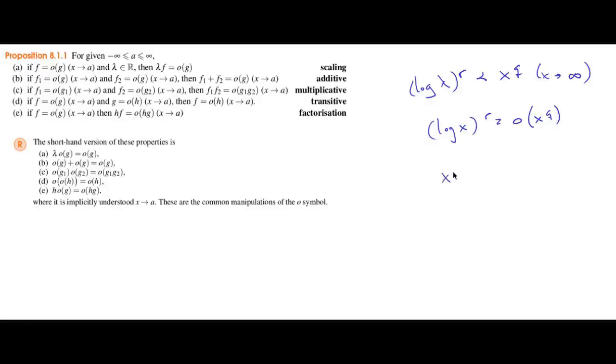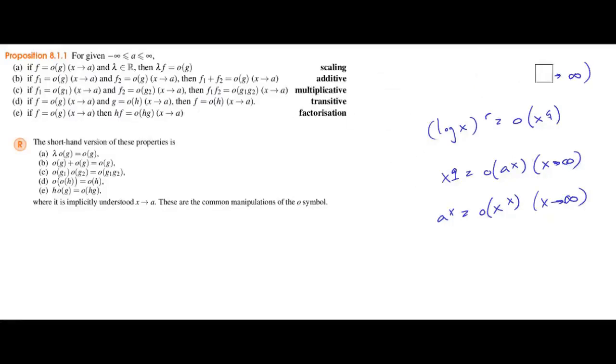Now the same goes for x to the q being small o of a to the x for any a that's positive and greater than 1, obviously, with q and r positive numbers, and a to the x is small o of x to the x when x goes to infinity, right? So you see how to write the things that we have seen in terms of negligible functions and asymptotic equivalences using the small o notation.